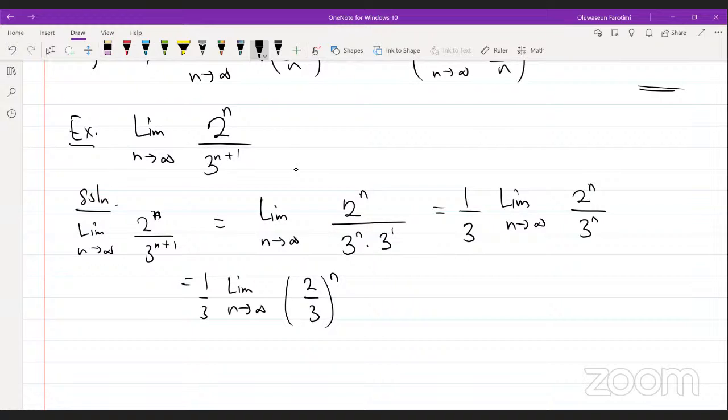You have a small number and you are raising it to a large power. For example, you have 0.05 and you are doing 0.05 to the power of 1 million. What happens is it's going to be even much smaller. So that means this limit goes to 0. 1/3 times 0 is just 0. So what do we conclude, guys? Converges.